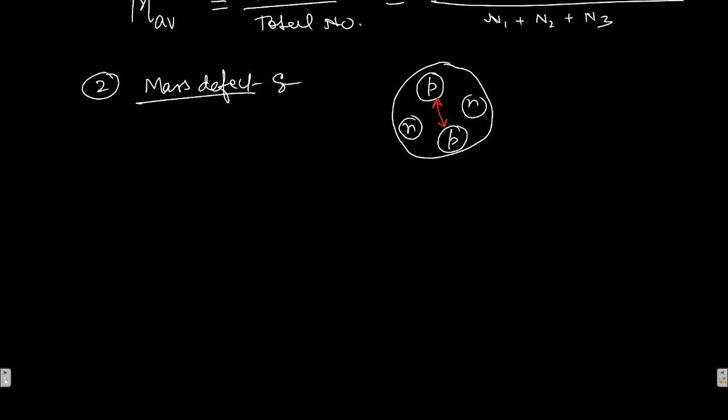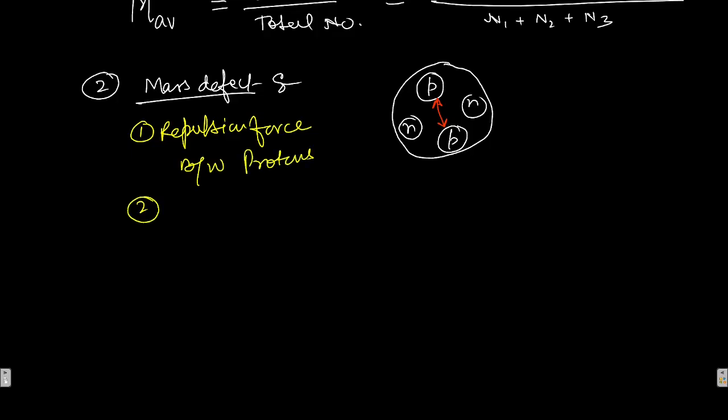This proton will repel this other proton. It means there is a repulsion force between protons. So we have to overcome this repulsion force. We have to apply some force opposite to this repulsion force.